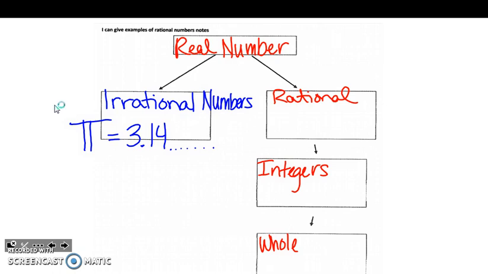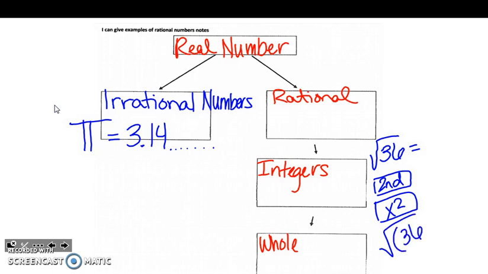So yesterday, or in the last video, we did the square root of 36. And we pushed the second button, and then we hit the x squared button, and then we typed in 36, and we got the answer of 6.